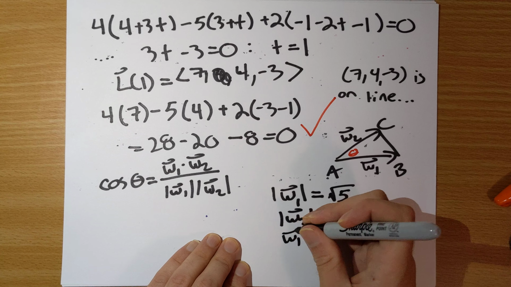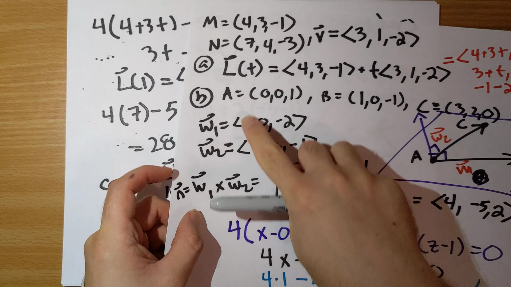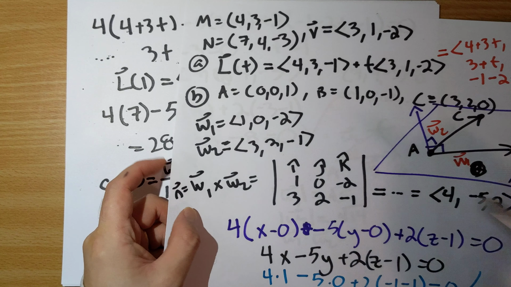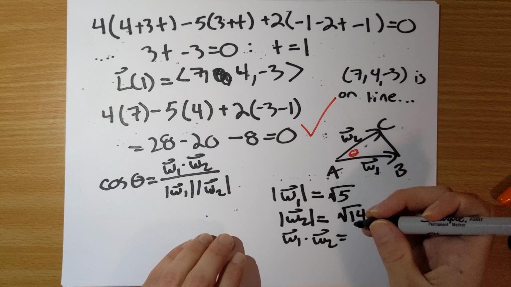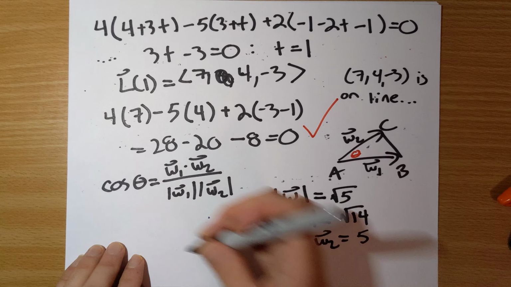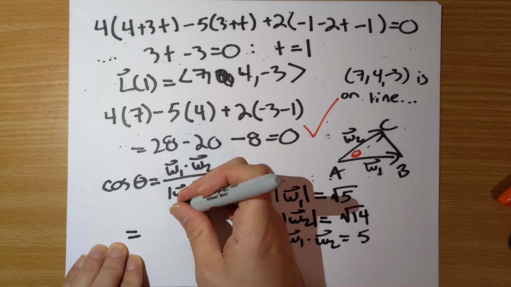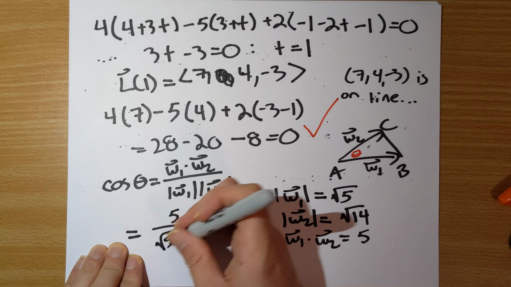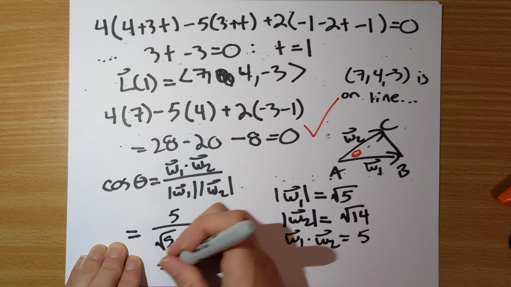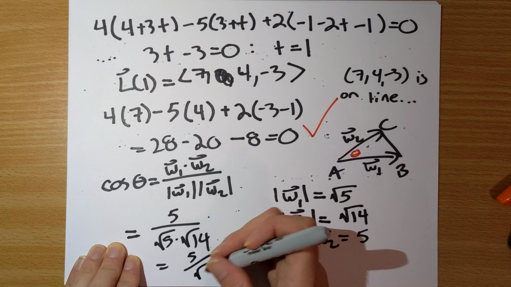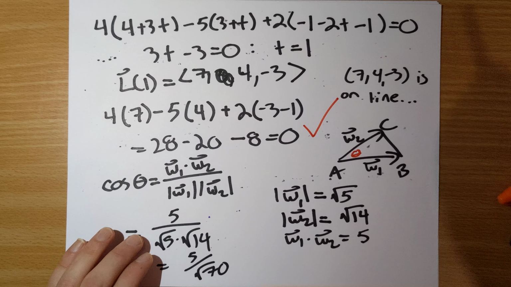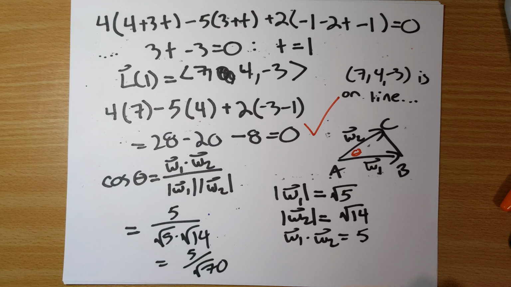W1 dot W2 is going to be 3 plus 0 plus 2, which is 5. So cosine theta is going to be 5 over square root 5 times square root 14. I mean, you can simplify that to 5 over square root 70 if you want, but this is a place where it's fine to just leave it like this.